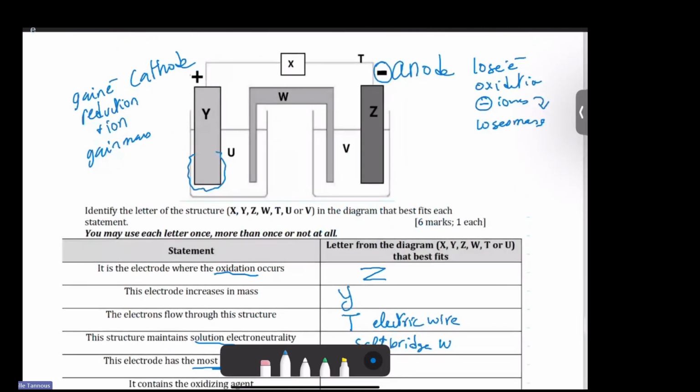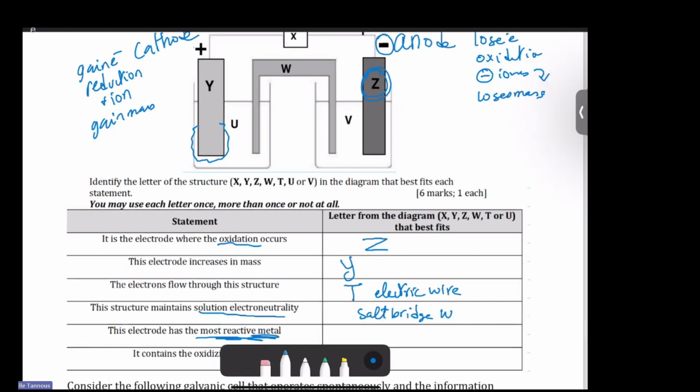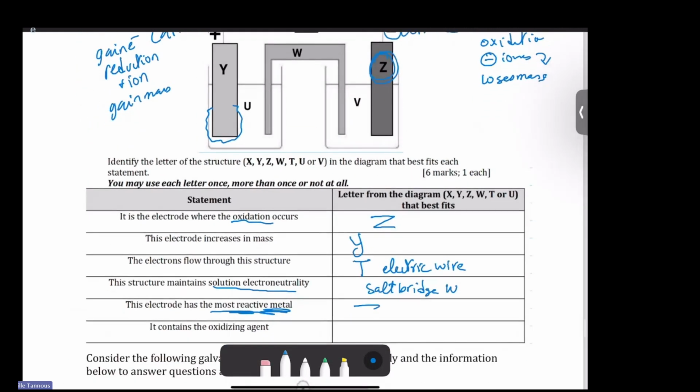It's the metal Z that starts oxidizing, undergoing oxidation and losing electrons. So Z is more reactive than Y. And it contains the oxidizing agent. It means it's the one that gets reduced at the cathode.